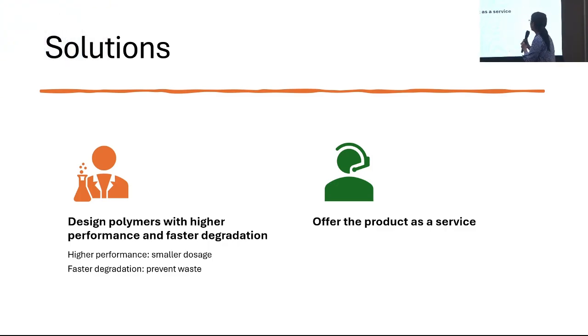Also, we offer not a product but a service instead. Why? Because if we offer products, then the customer would think, after this product's lifetime has finished, I would need to buy another product, and when that is finished, I would need to buy another product. But instead, we propose a service, which means that this customer will sign a contract with us.